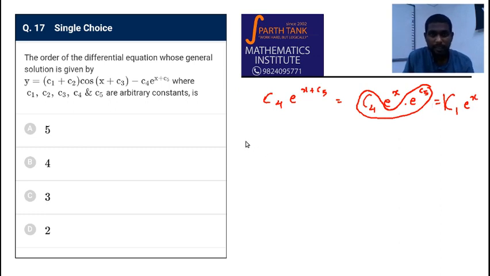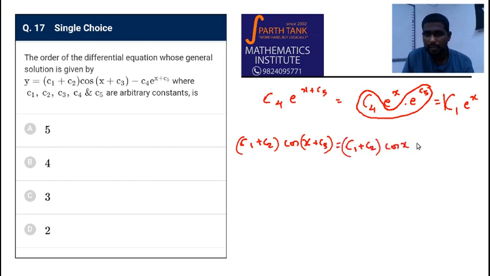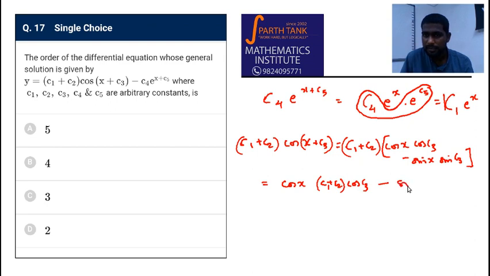Same way, if you see the first two also, there is C1 plus C2 cos of (x plus C3), right? This can be written as C1 plus C2 (cos x cos C3 minus sin x sin C3). So this becomes cos x into (C1 plus C2 cos C3) minus sin x into (C1 plus C2 sin C3).